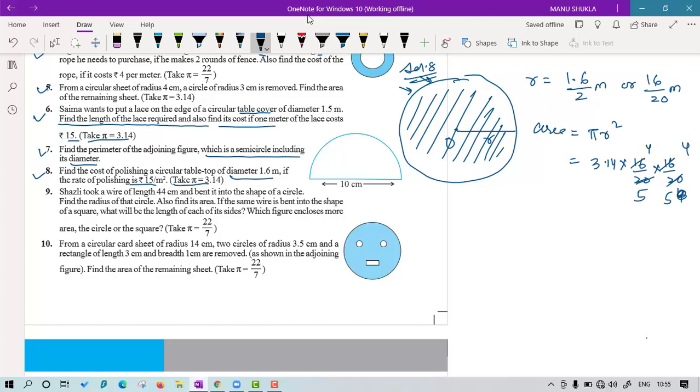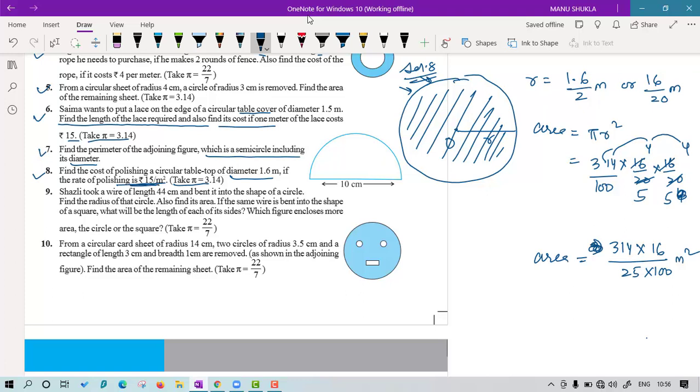Then what to do? Not much is there. We can remove this and keep 100 over here. 4 4s are 16. You have to do 314 into 16 upon 25 into 100. After solving this you will get the answer of area. So let me write it as meter square. This is the area. I'm not solving it completely because there is one more step that I have to find, that is the rate of polishing.